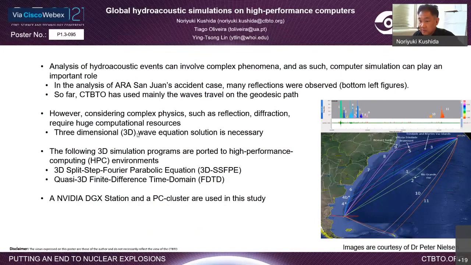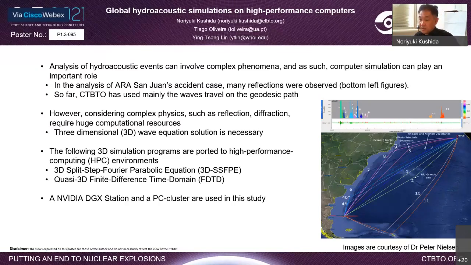This is the summary of my talk, but of course, hydroacoustic analysis involves a lot of complex phenomena, and in that sense, using the numerical simulation programs is quite helpful to understand what happens during the propagation process of hydroacoustic. And of course, in that sense, full 3D simulation will be the best choice to know what happens exactly.